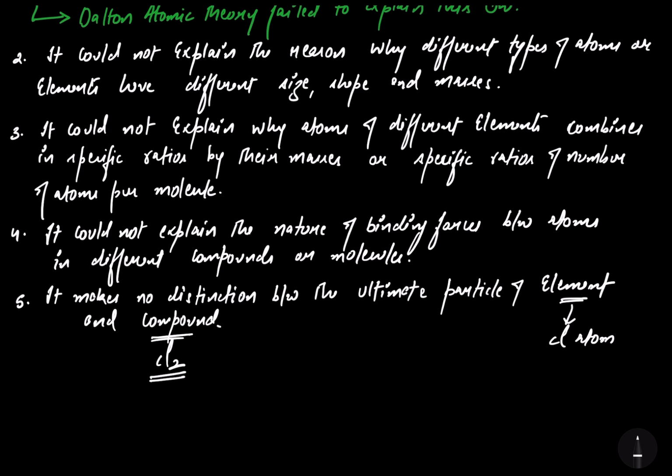If I'm speaking only the word chlorine, then I'm talking about the chlorine atom. If I'm saying chlorine gas, then it's Cl2, and the ultimate particle of chlorine gas is Cl2, and that of chlorine is the chlorine atom. So this thing we know in today's world, but in 1808 this was not known. So it is also a drawback or limitation of Dalton atomic theory.